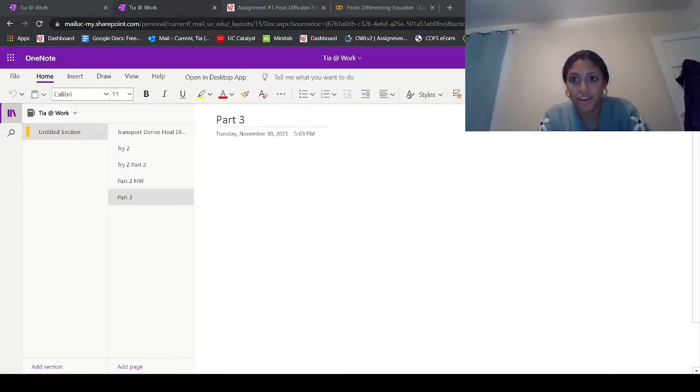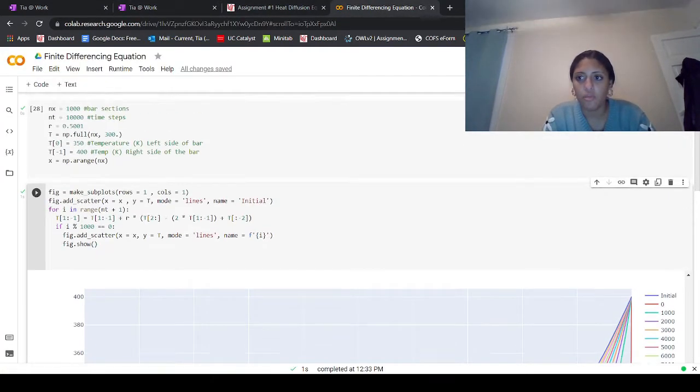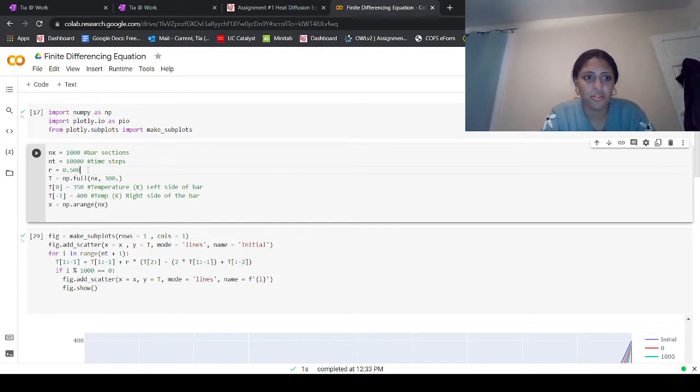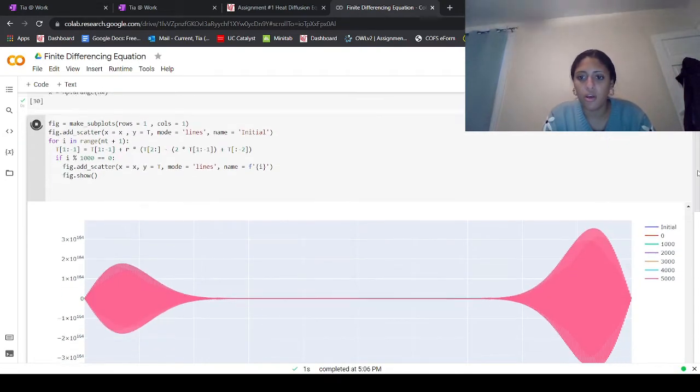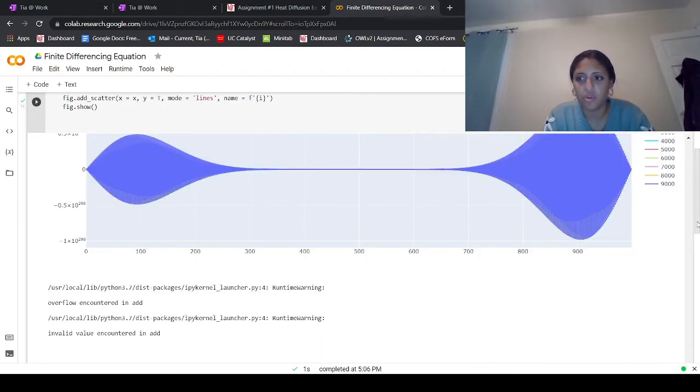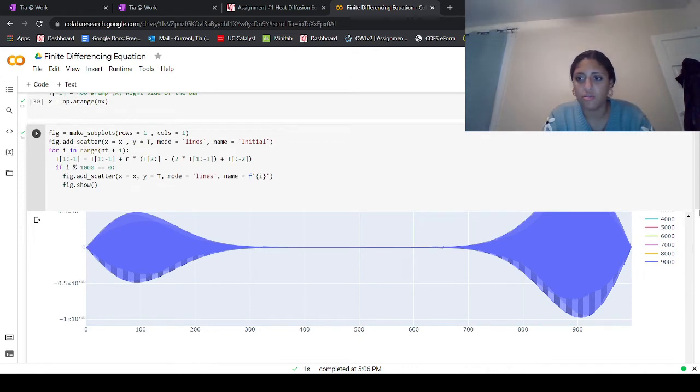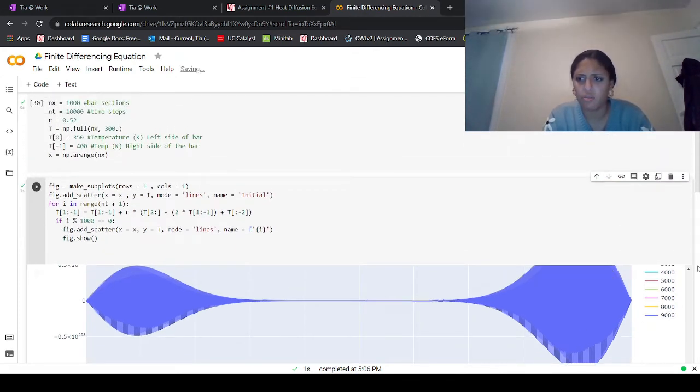I really wish there was a way to pause these, but I am back and I am ready to talk about the instability seen when our r value was greater than 0.5, as you can see on this right here, when we had the oscillations when it was like 0.55, or here, 0.52, right? Yeah, you see the oscillations shown in this little graph that doesn't want to cooperate. I'm not really sure why.